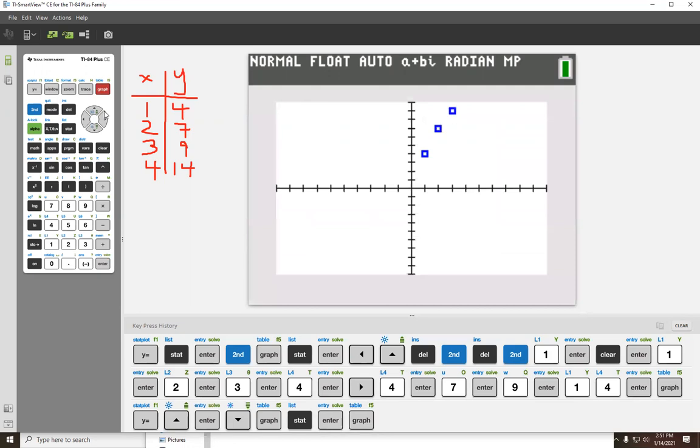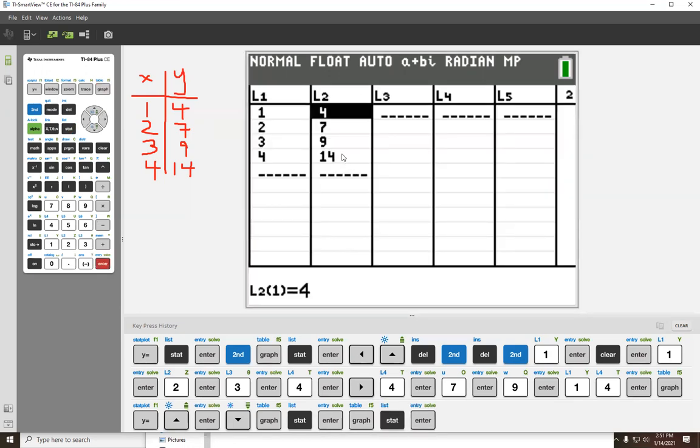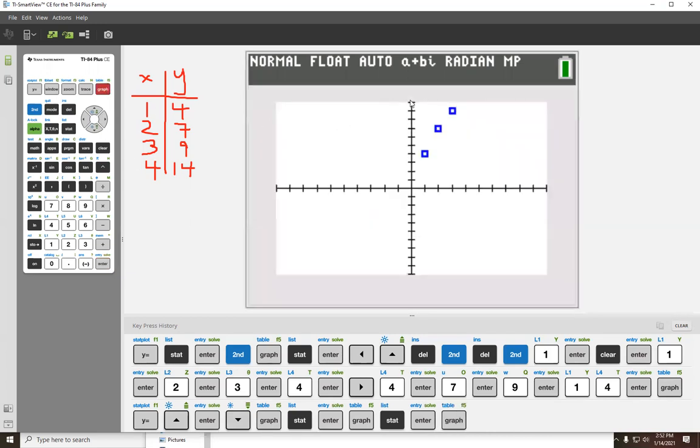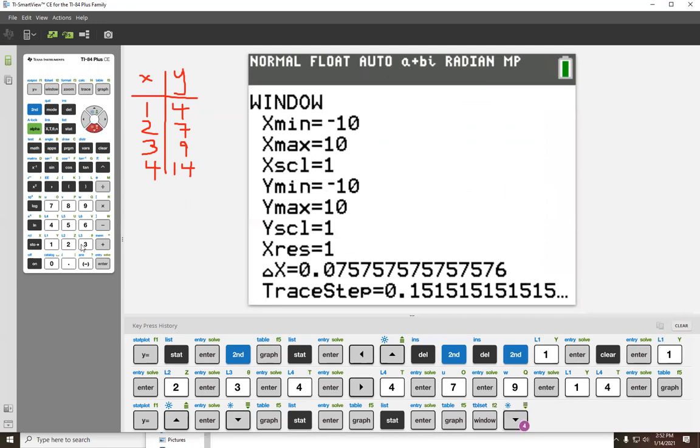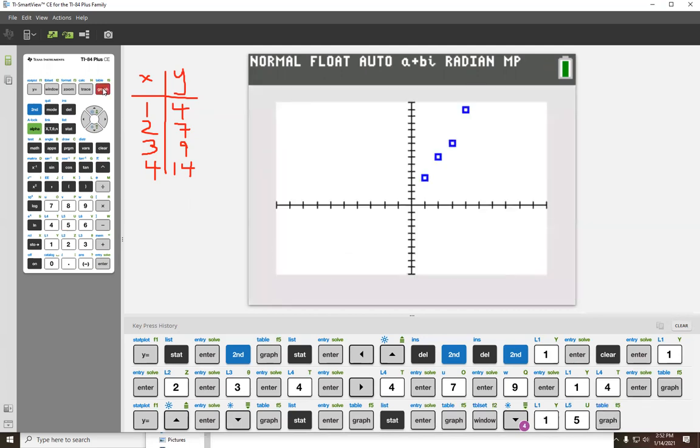I only see 3. Well, that's because one of them's off screen. In fact, it's the one with the y value of 14, because right now I'm on zoom 6, so the top of the screen only goes up to 10. So I could go to window and push that y max up to like 15, and then I can see it for sure. Okay, and there's that other point.